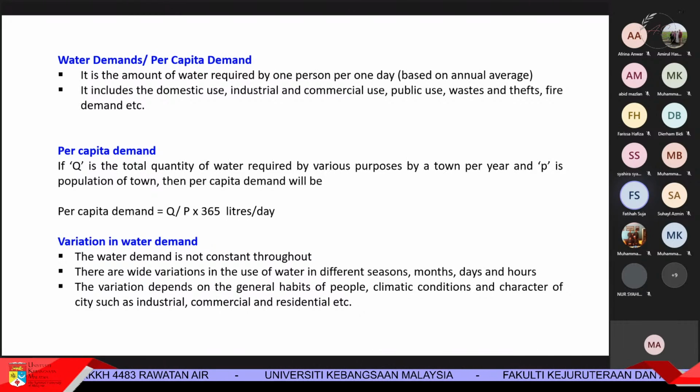So different countries will have different per capita demand. Like maybe in the US it's about 1200 liter per capita per day. Maybe Canada 855 liter per capita per day. Australia 700. Maybe countries in arid areas like Yemen, their per capita is only 60 liter per capita per day because it's very expensive water.